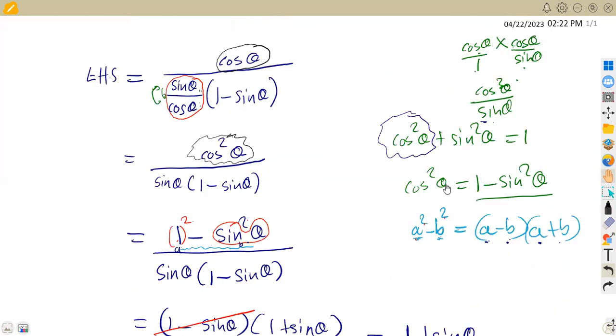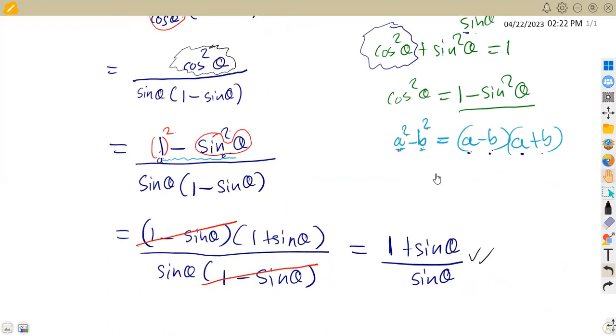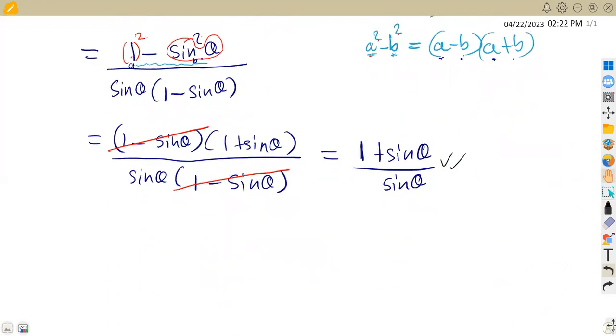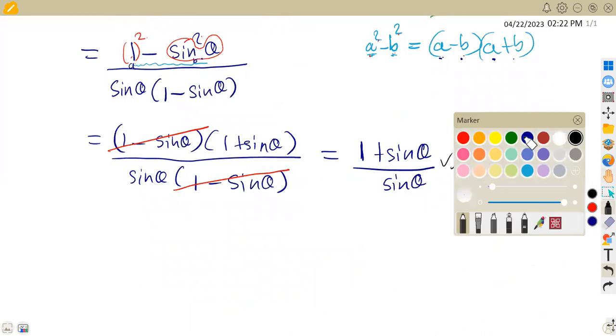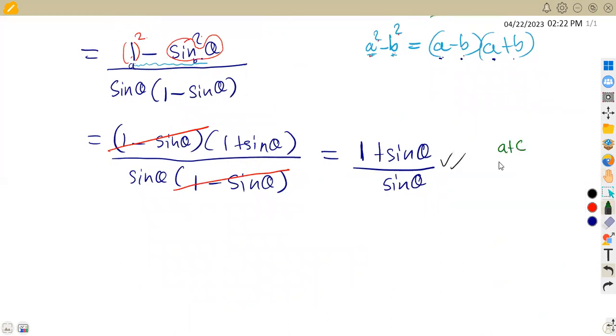They simply divided each term by sine theta, because we understand that terms can be separated from a single fraction of a plus c over b. I can separate this as a over b plus c over b, as long as each term is divided by b. So this is the concept that we can use.